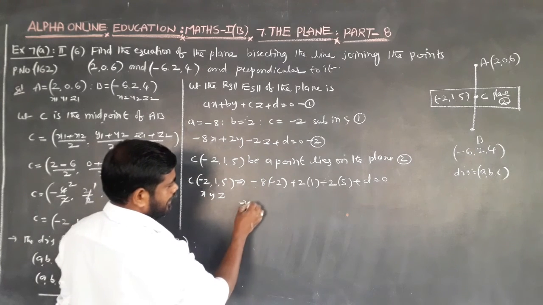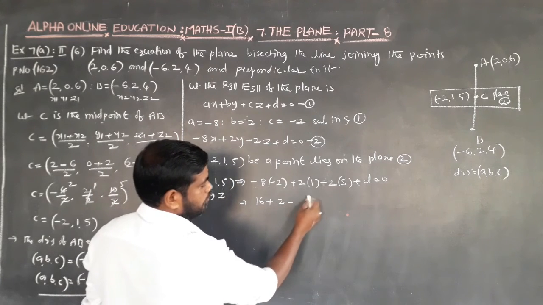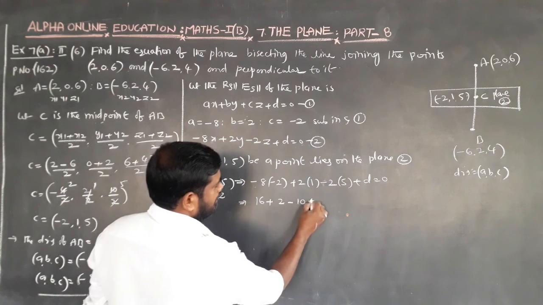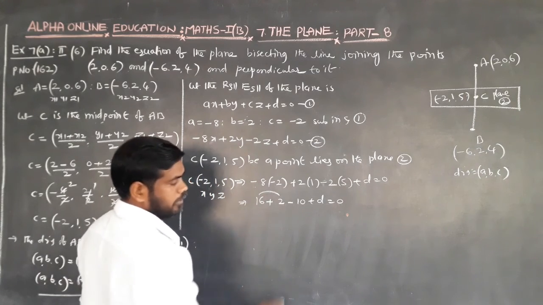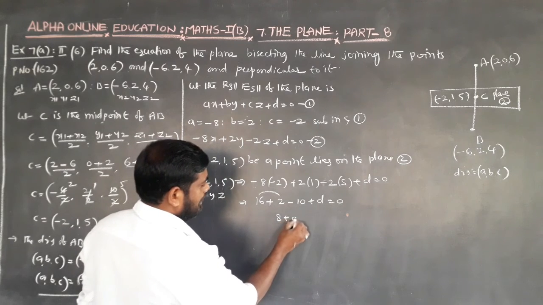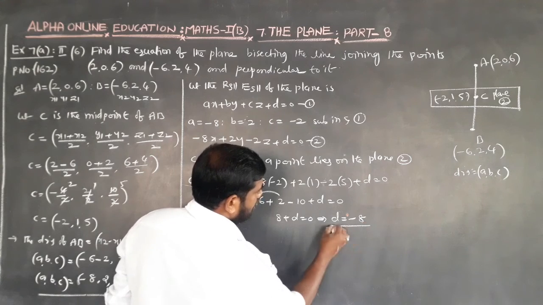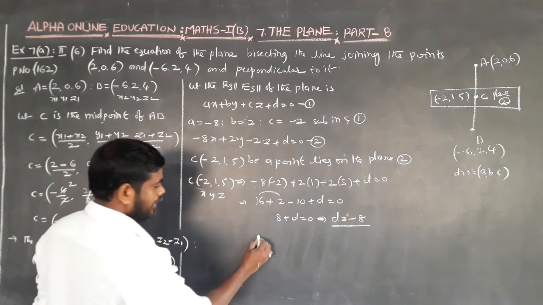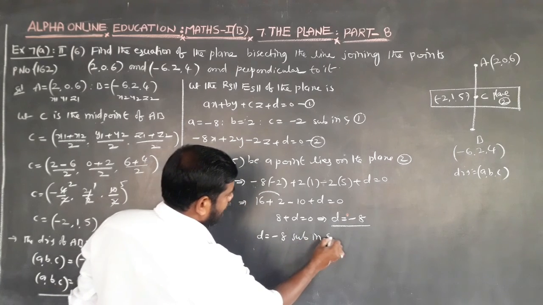That is 16 plus 2 minus 10 plus d is equal to 0. 16 plus 2 is 18, 18 minus 10 is 8, so 8 plus d is equal to 0. d is equal to minus 8.